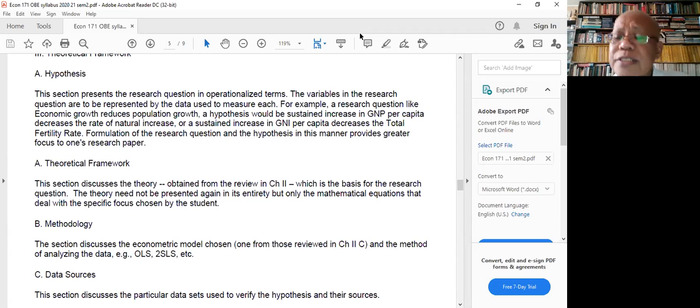Now, of course, the theory, or the two theories at most, that you decided to focus on, you'd have discussed them in your chapter 2, in your review of theoretical issues. So what you do in chapter 3 is that you present the theory, but not the entire theory. You just focus on the specific area, the specific question that you focus on.